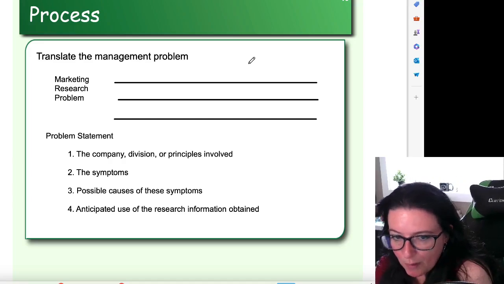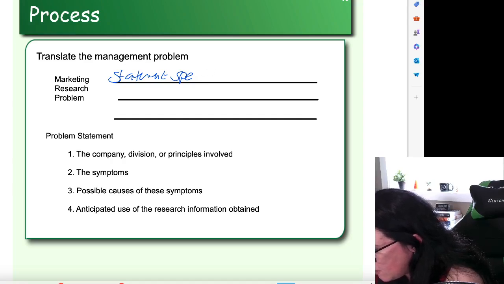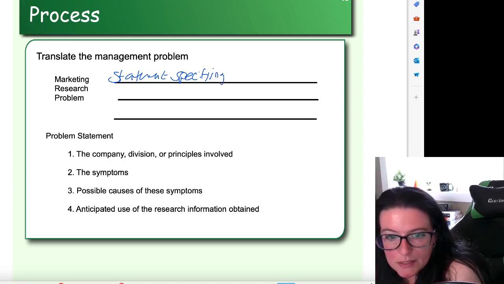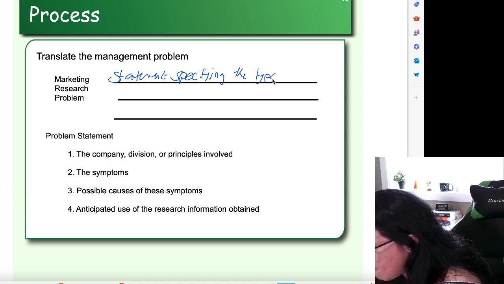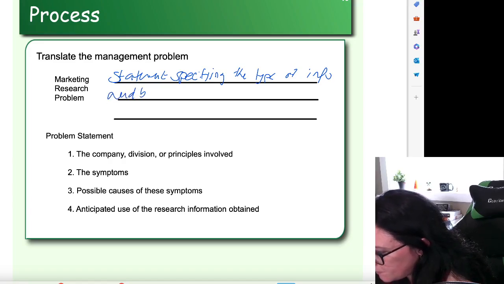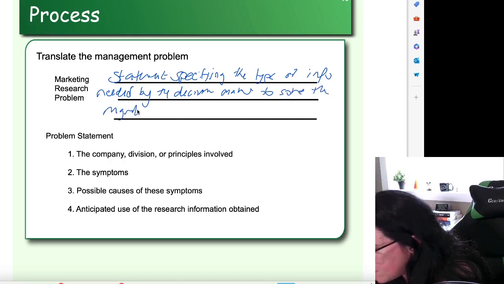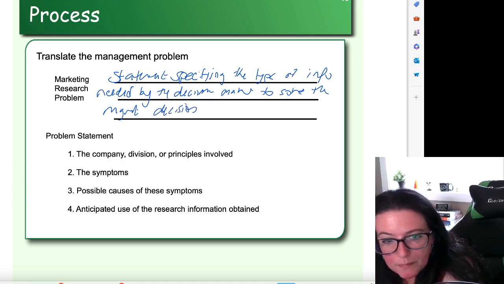So our marketing research problem is going to be a statement that specifies the type of info needed by the decision maker to solve the management decision problem.